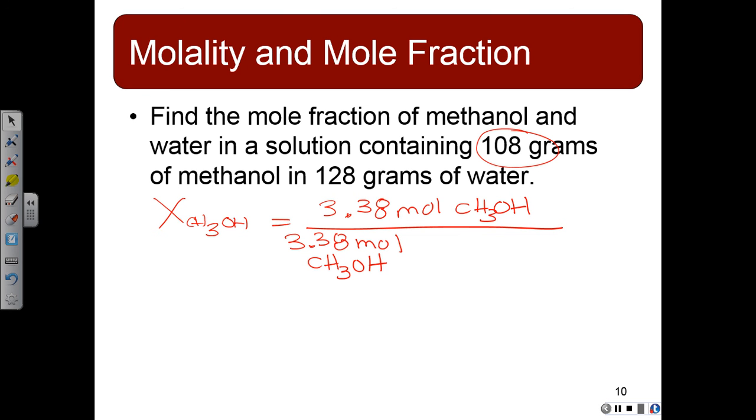Okay. All right, and what's our other component of the solution? It's water, right? Okay, so we have 128 grams of water, but we need moles, right? You can't plug in 128 here. We have to go from grams to moles. So we take our 128 grams of water.